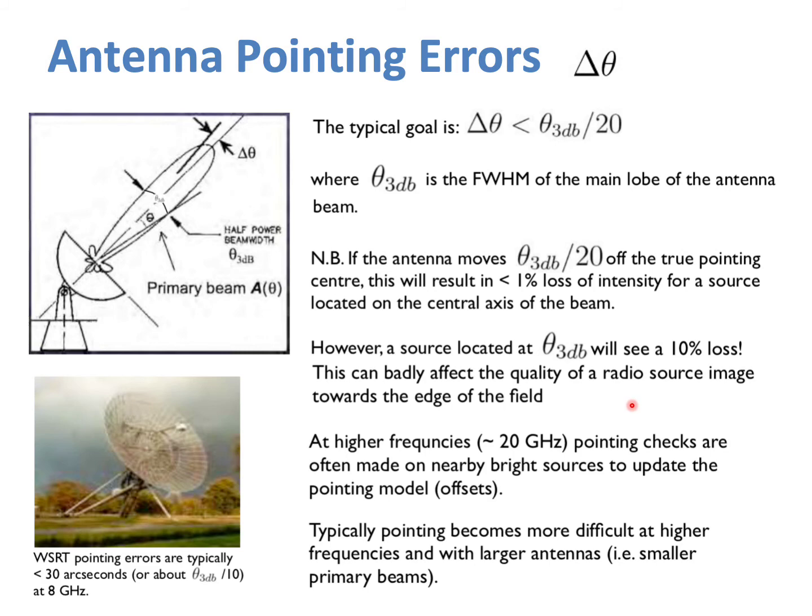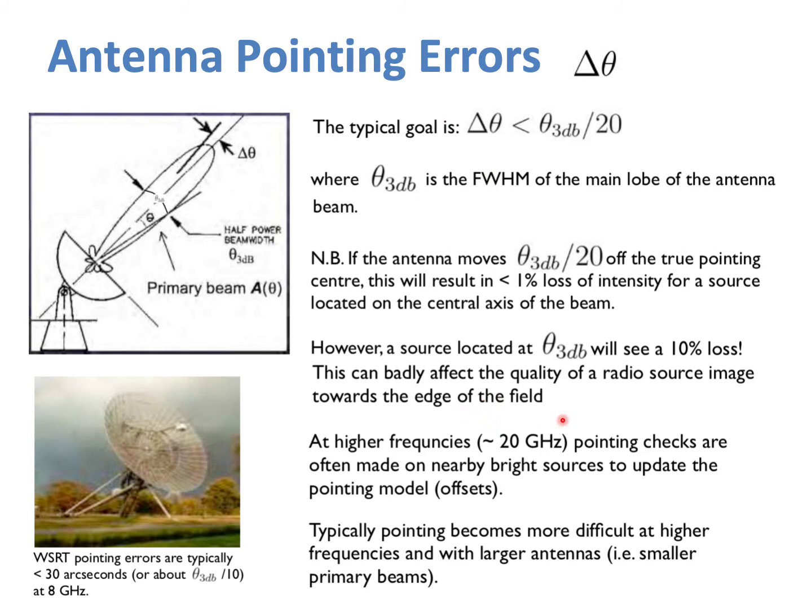So when you go to higher frequencies, the beam gets smaller. So if your full width half max gets smaller, your pointing error limit gets much smaller.